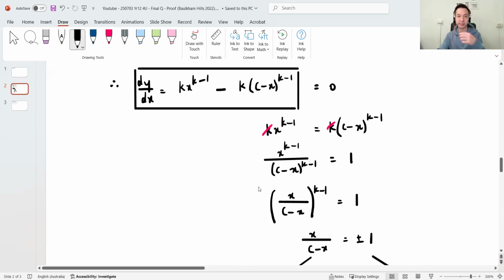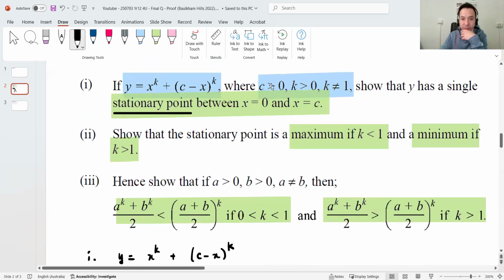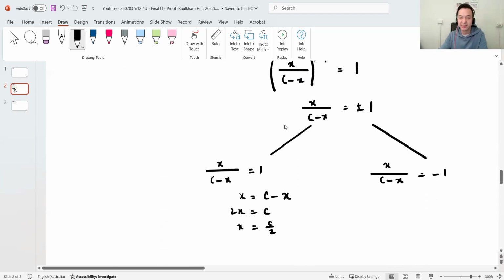Does that work? c on 2 is between 0 and c, positive. Yeah, I think that works. I'm hoping the other one doesn't work because I want a singular answer. So let's have a look. x equals minus (c minus x). The x's cancel out, so you get 0 equals minus c. No solution.